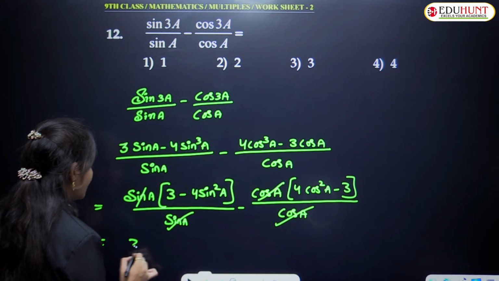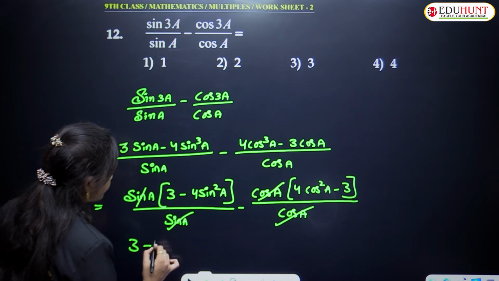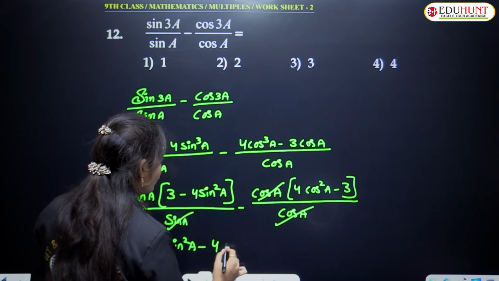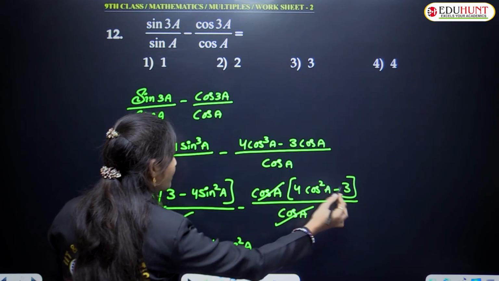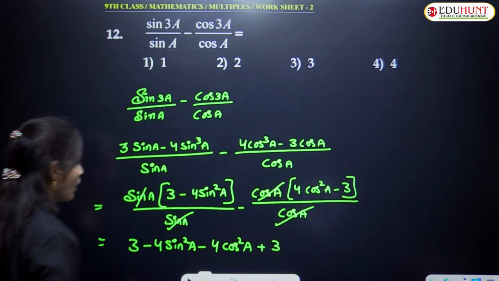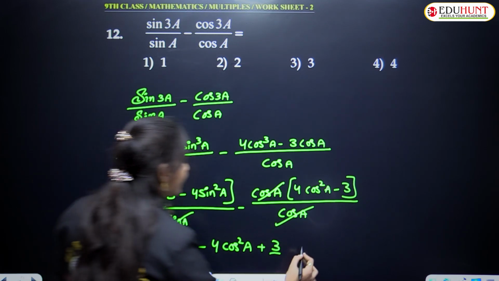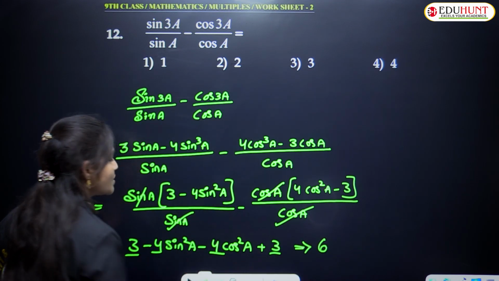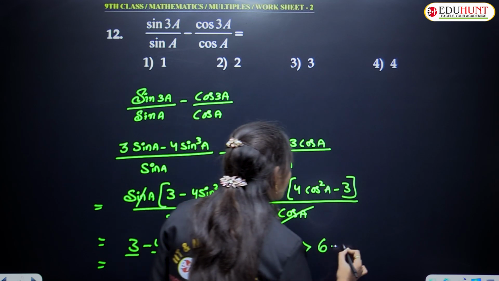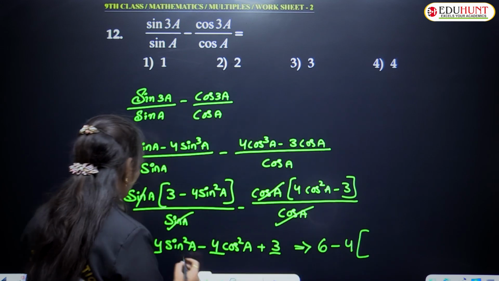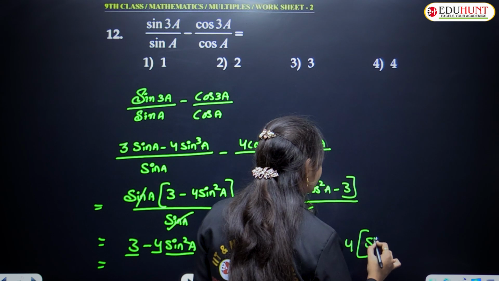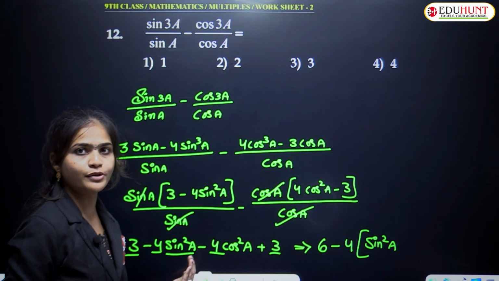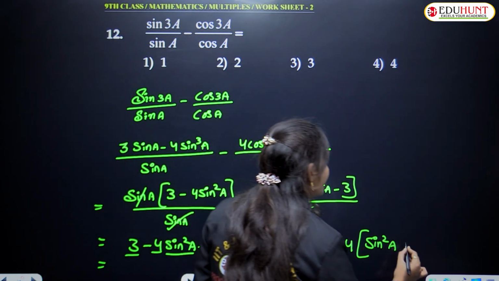Now the leftover terms are 3 minus 4 sin square a and minus 4 cos square a, and here minus into minus plus 3. Okay, so here 3 plus 3 is 6, and from these two terms minus 4 is common, no? So take minus 4 as common and the leftover is sin square a, and here minus cos square a means already minus we took as common, no? So minus into minus plus, so plus cos square a.